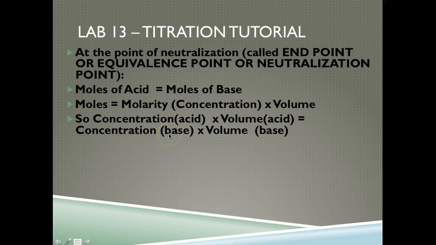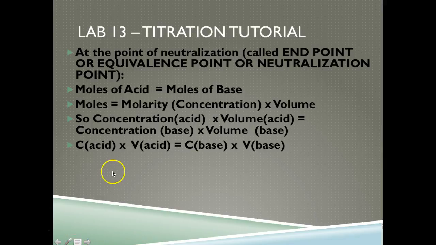Again, molarity of the base times the volume of base, that's moles of base. So when you apply this formula, C acid times V acid is equal to C base times V base.